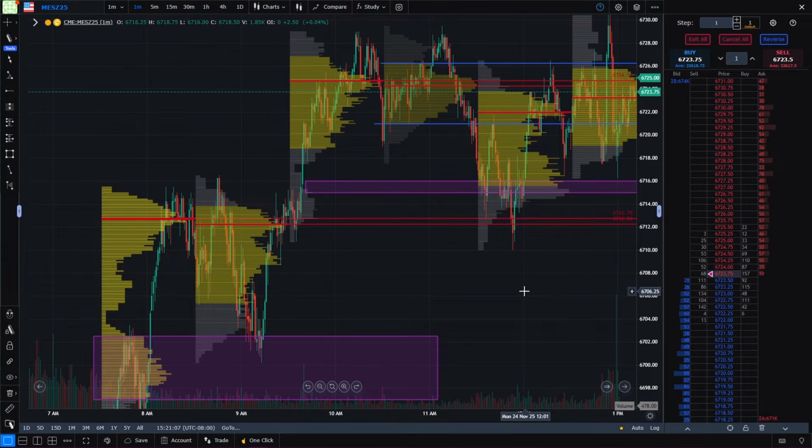Some traders like to trade back into a range or a value area because if we have a value area here, and price starts to come down, sometimes the expectation is that price will test the bottom of the previous value area. And that's really when long-term buyers might step in.